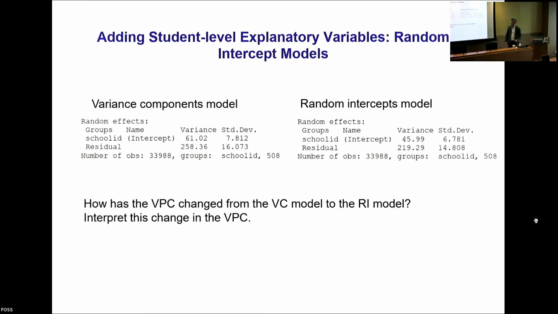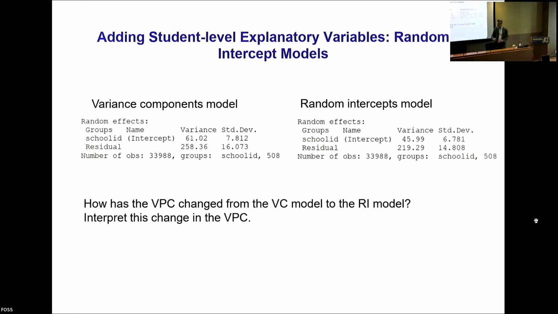I don't have that slide, but if we did that, we can calculate the VPC here and the VPC here. We'll see that the VPC has not changed that much. I can't do calculations in my head right now, but it hasn't changed that much.